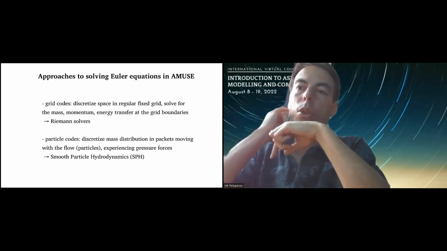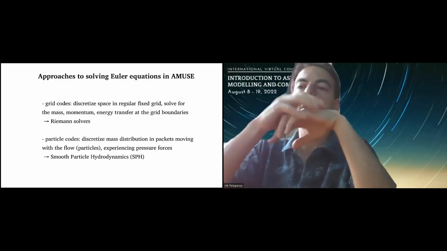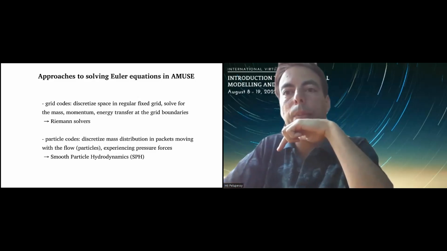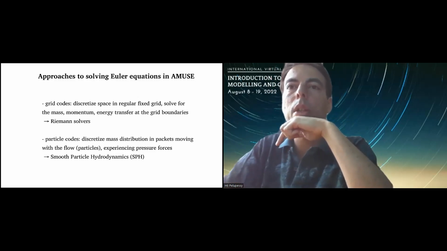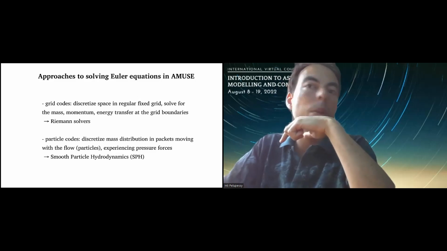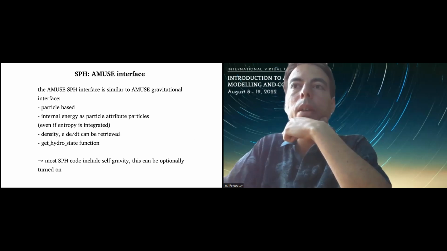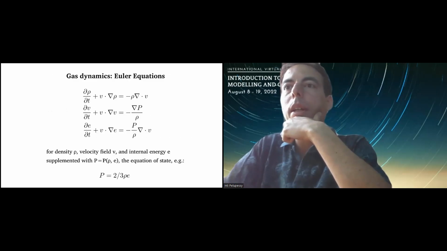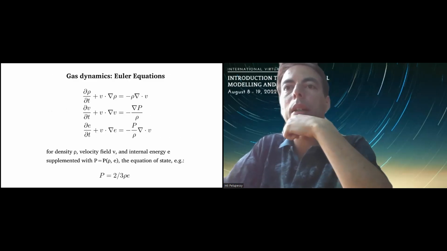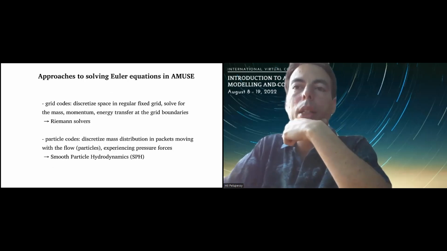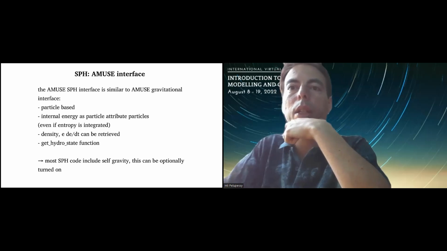These so-called SPH codes, the smoothed particle hydrodynamics codes, have the advantage that they look a lot like gravitational dynamics codes. I think for today the tutorial will not get you to the gas dynamics, but it's good to know that it's available.